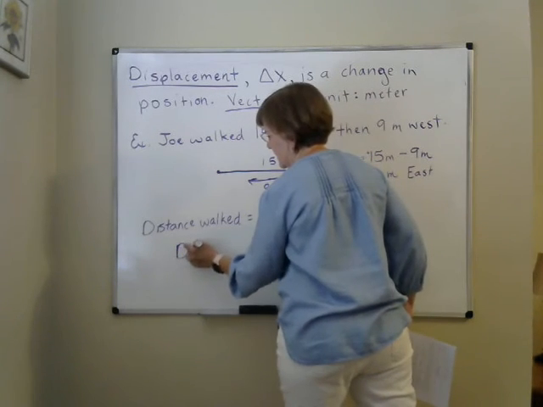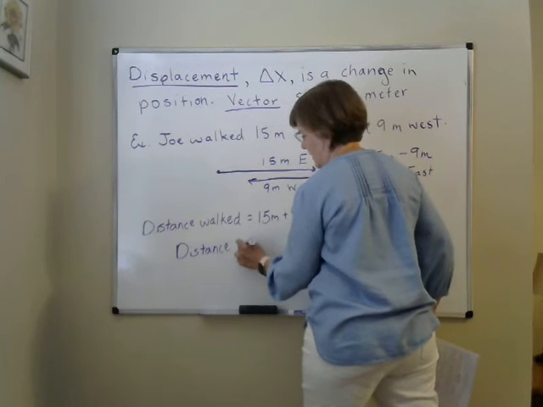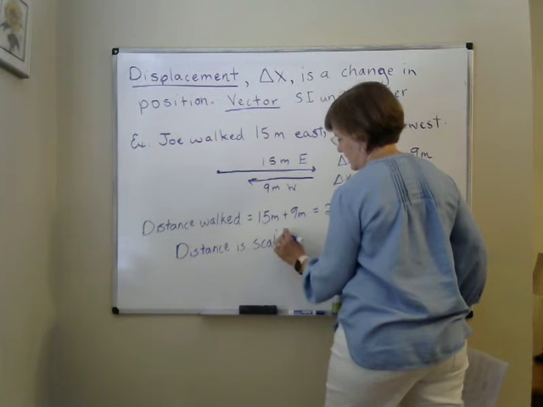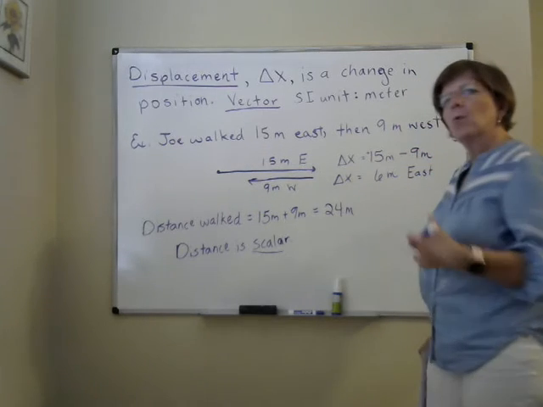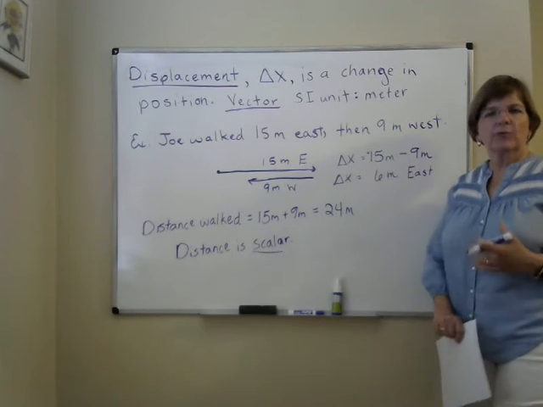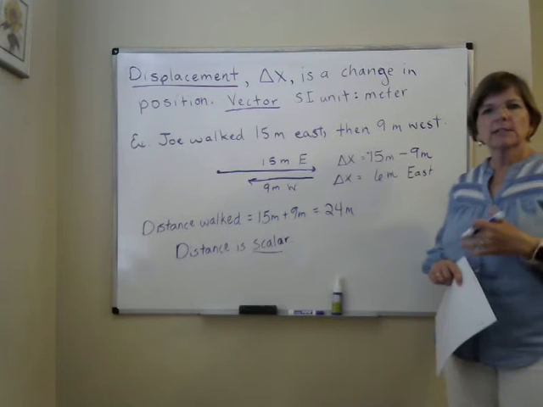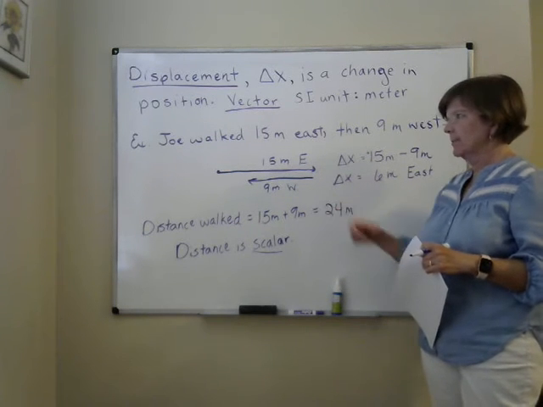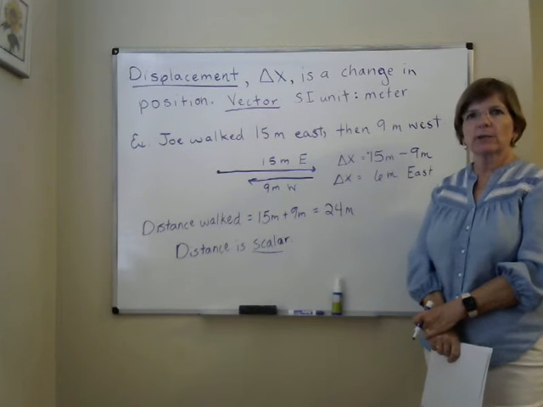Distance is scalar. Scalar quantities do not have a direction, so there's no such thing as a negative distance. All distances are positive. If somebody said, what distance did he walk? He walked 24 meters.